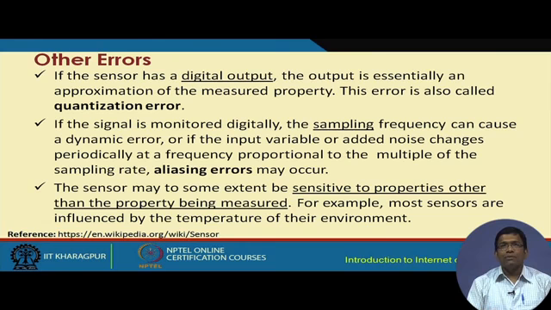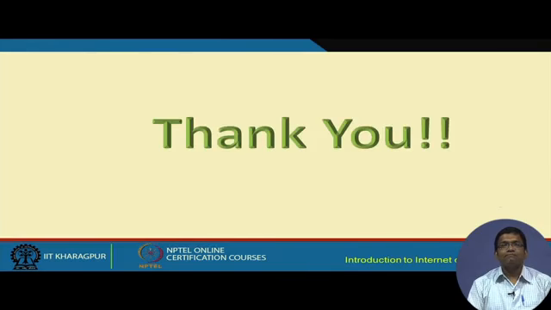It depends, actually. This is not a perfect example, but this particular error can be construed in this way: the sensor may get affected by a few of the other properties that are not directly being measured. So, this also leads to some kind of error.